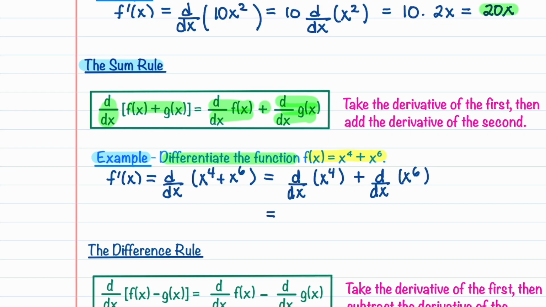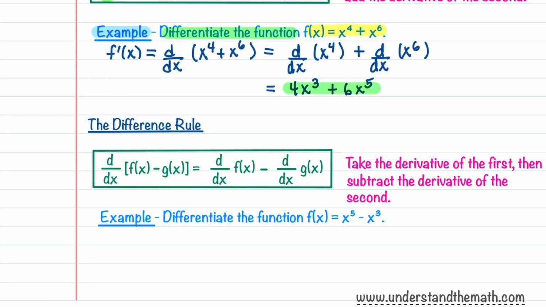Now all we do is apply the power rule to both of those functions, and our derivative is 4x cubed plus 6x to the 6 minus 1, which is 5. And there's our derivative.